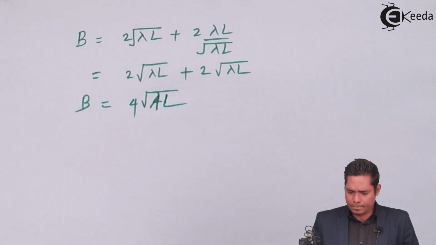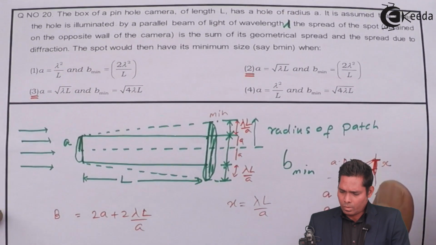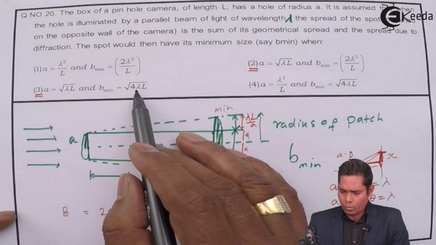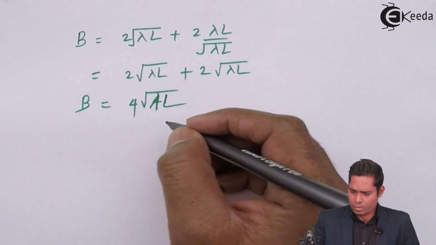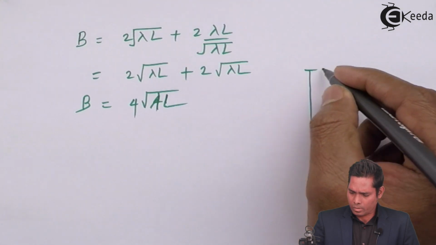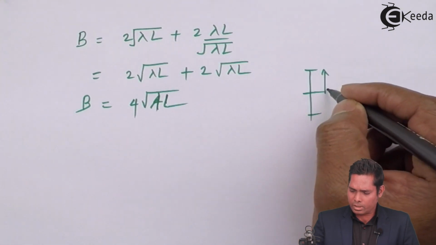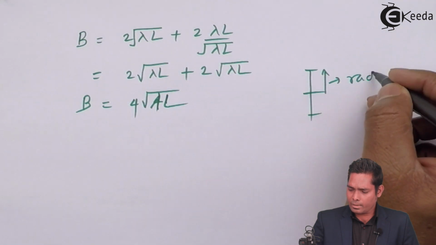But then, 4 root of lambda L, and we are interested in this distance, the radius of that.